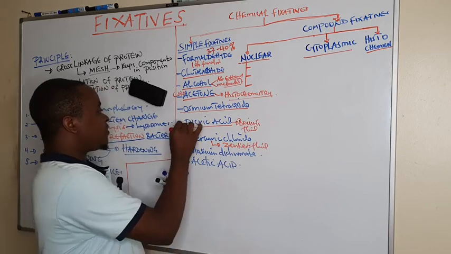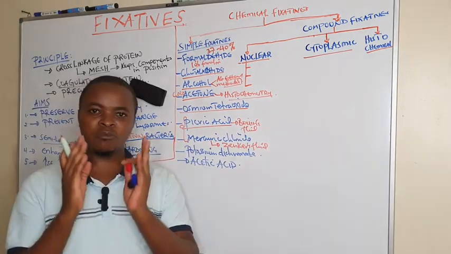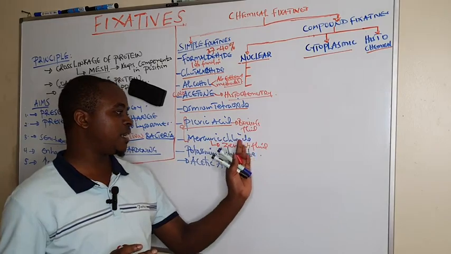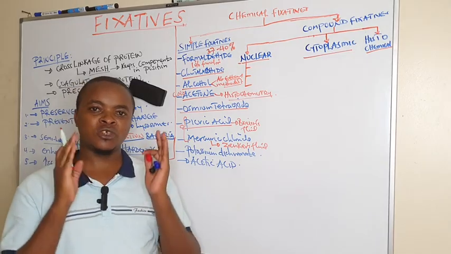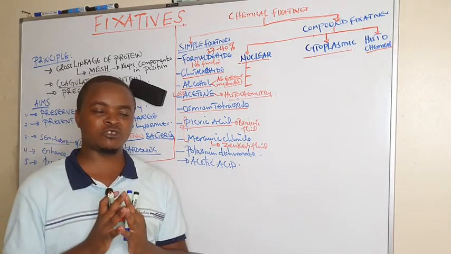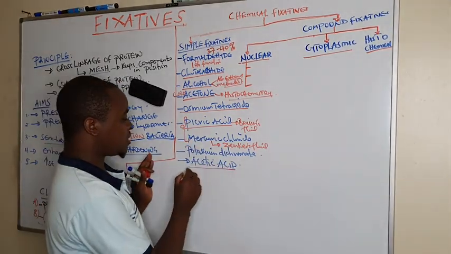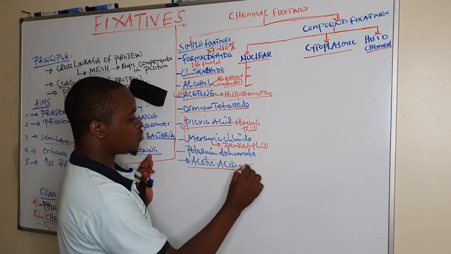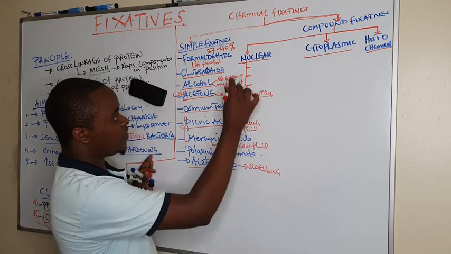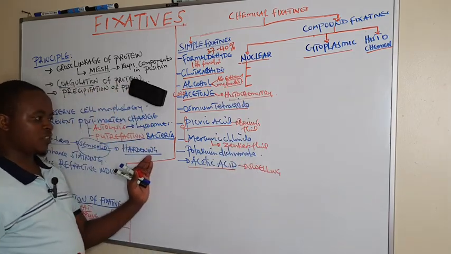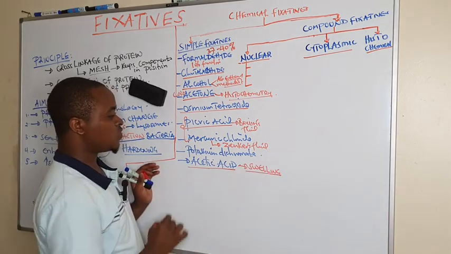So picric acid and mercuric chloride cannot be applied alone; they are used in combination, like in Bouin's fluid and Zenker's, because they cause cell shrinkage. To prevent this, we combine them with others like glacial acetic acid, which causes cell swelling, to counteract the shrinkage.